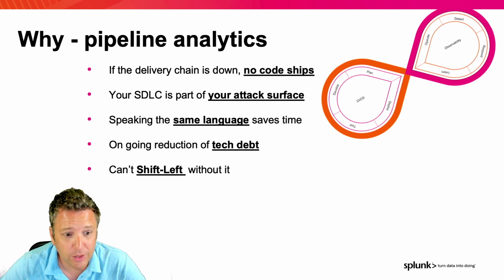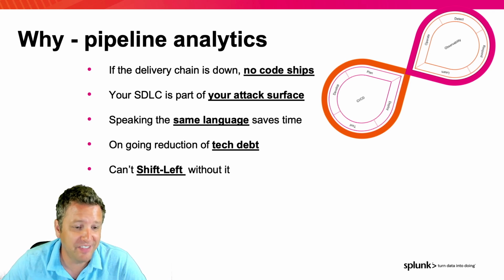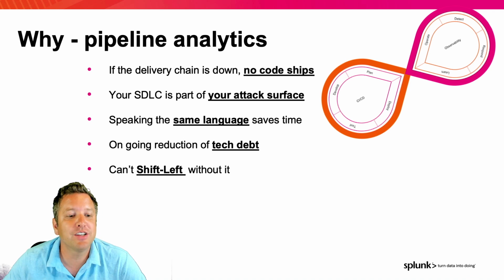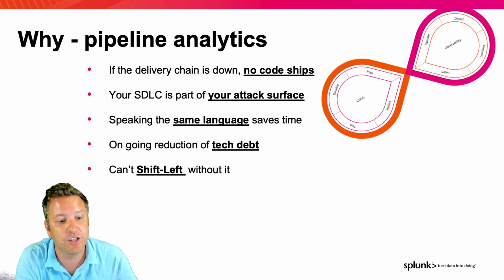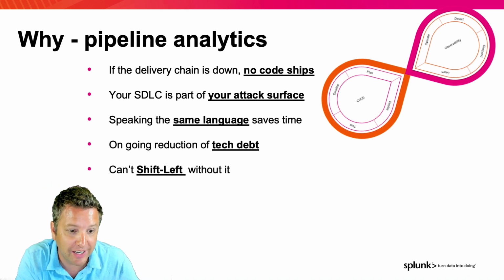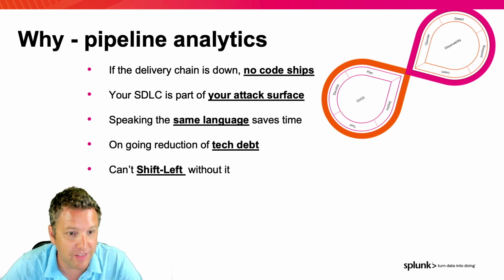It is. Part of all of this is efficiencies. We can't just increase our security considerations in the software delivery chain and increase the amount of effort of the team.